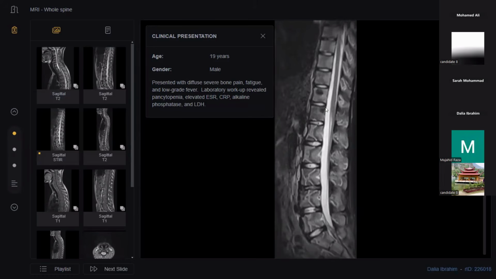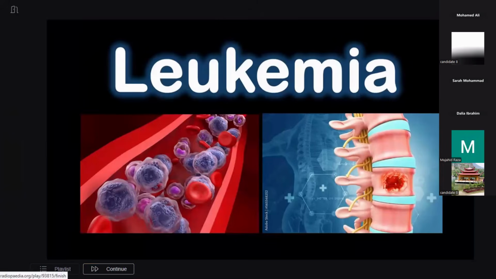So why would leukemia cause this kind of bone infarcts? This patient hadn't started any corticosteroids yet, so why did he have this bone infarct?